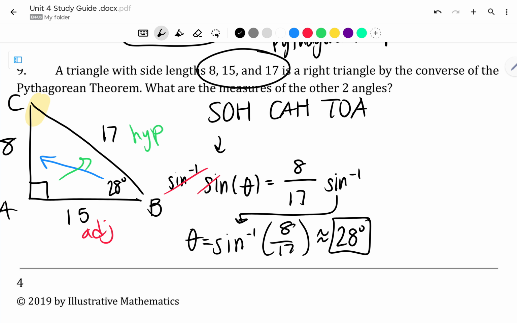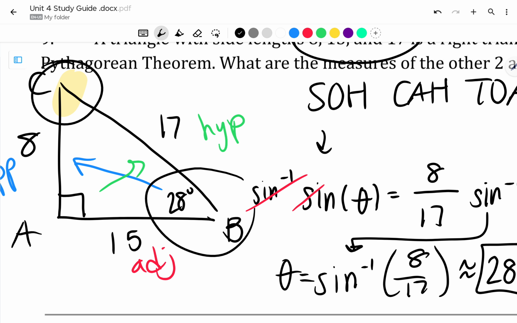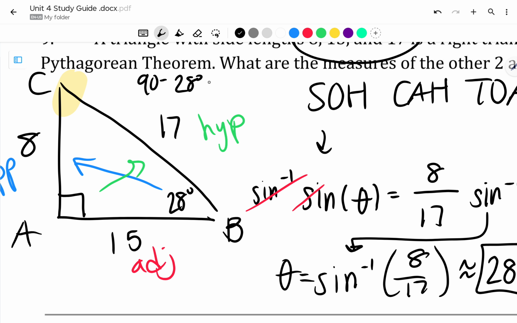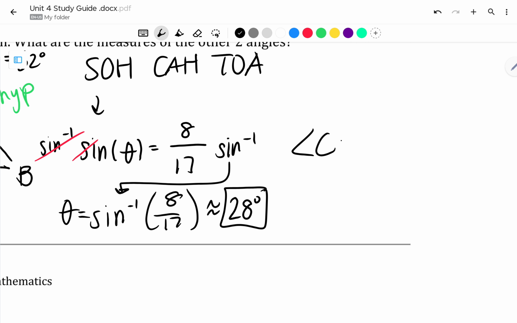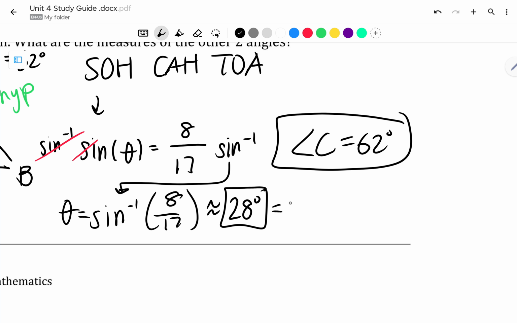I know all three angles have to add up to 180, but let's start just thinking about this plus this equals 90, right? So 90 minus 28 degrees, that's going to get us what's left over here. So 90 minus 28, that is 62. Okay, so can I just automatically say angle C is going to be 62? And then 28 is angle B.